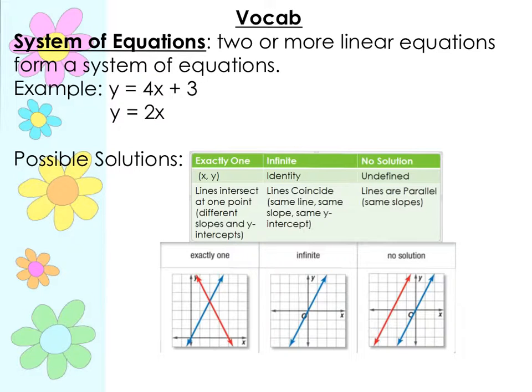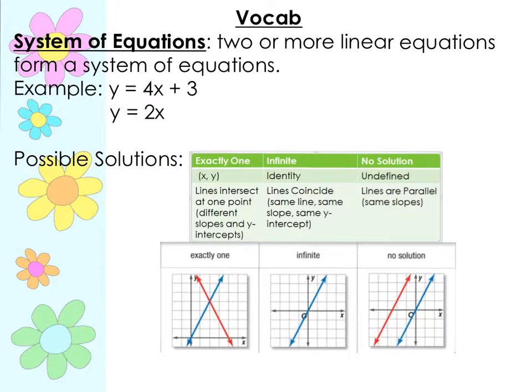We are also only going to focus on the systems who only have two equations, like you see here. They could have lots more. In the real world, in chemistry and in physics, your systems are going to have more equations in them. But for our purposes, we're only going to have two. So this is an example of a system.